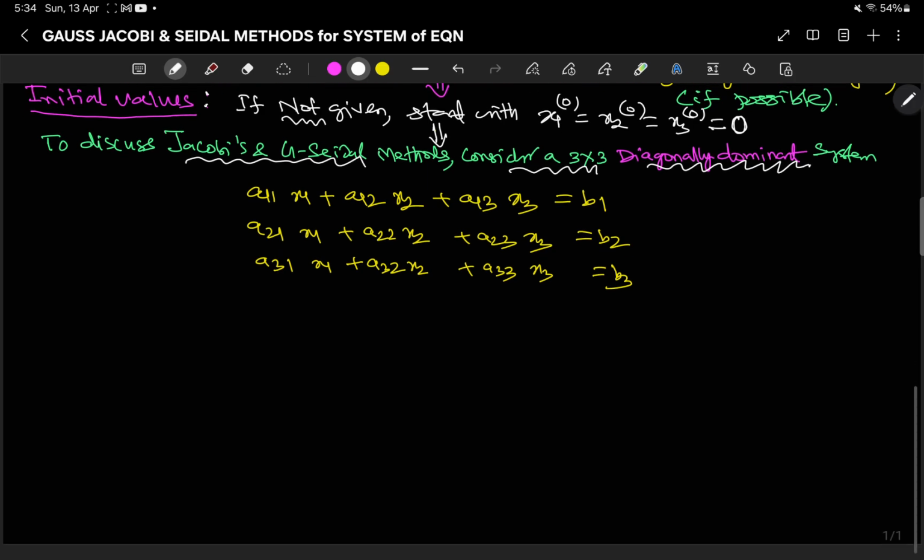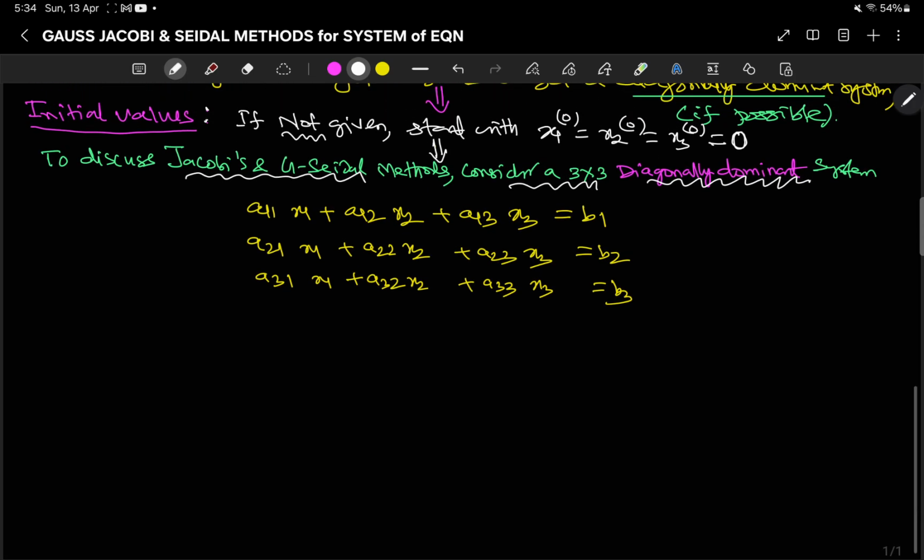So now we create the formula for both the methods. Let the initial approximation be this, if not given. Here you should see that the modulus of a11 should be greater than or equal to the sum of the others, or column wise, as I have discussed. Now what is x1?